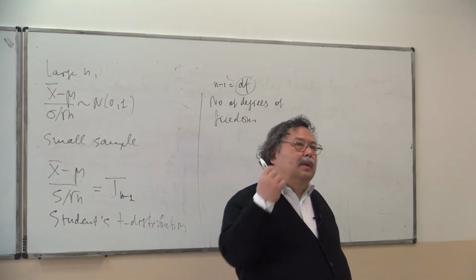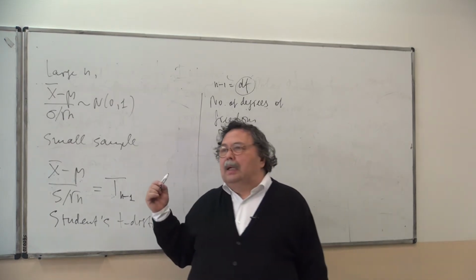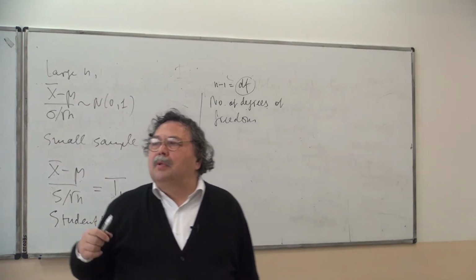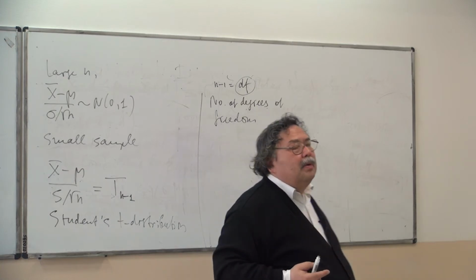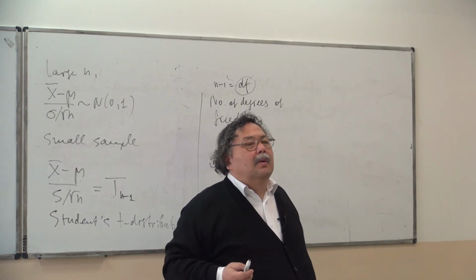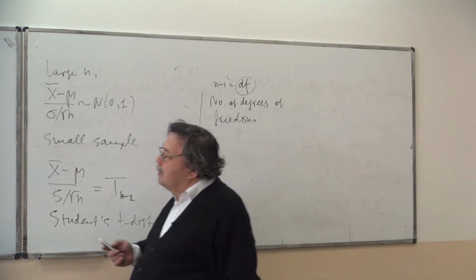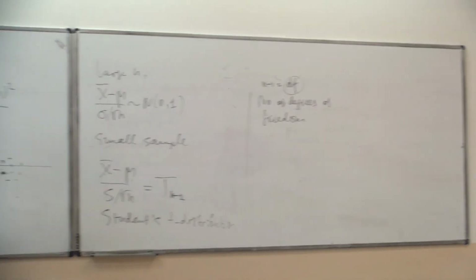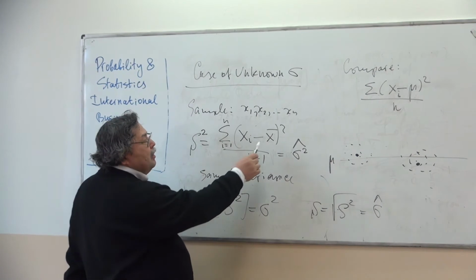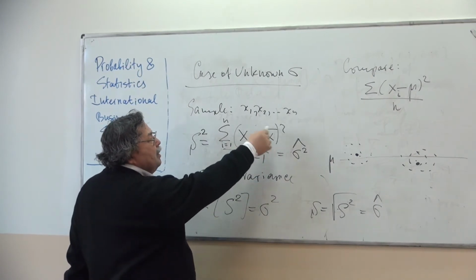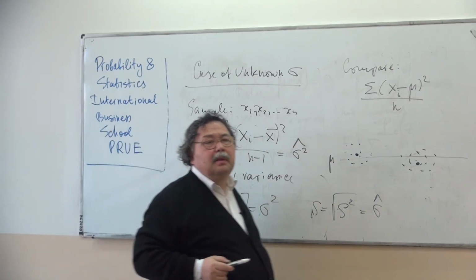Let me try to give you some intuition. Why is the number of degrees of freedom one less than the number of points used? Notice that we have already used these data points once when we computed x bar.